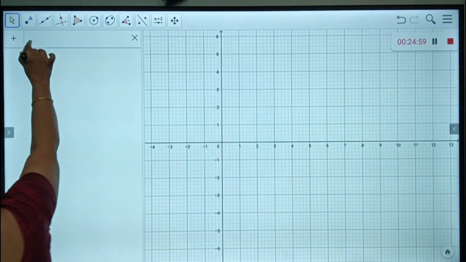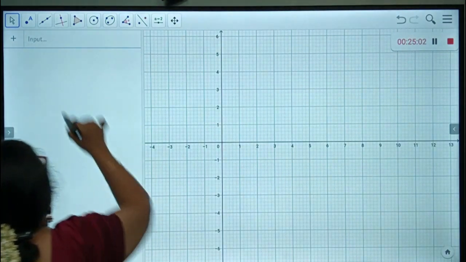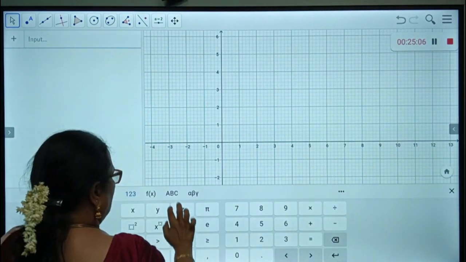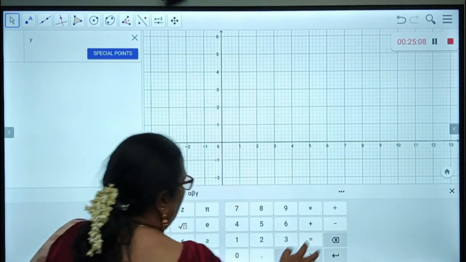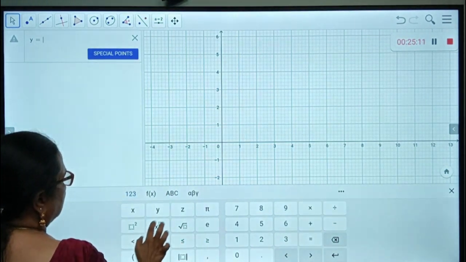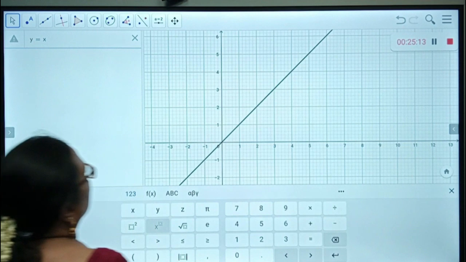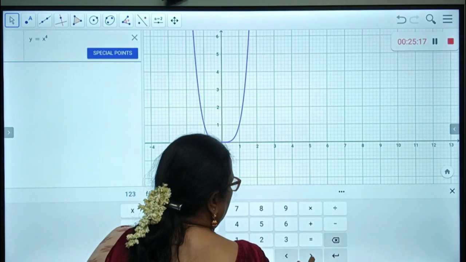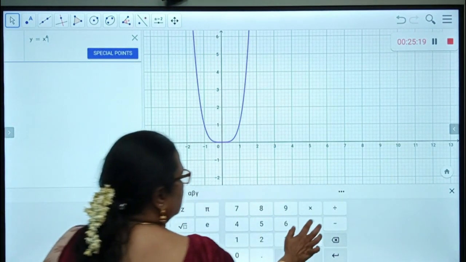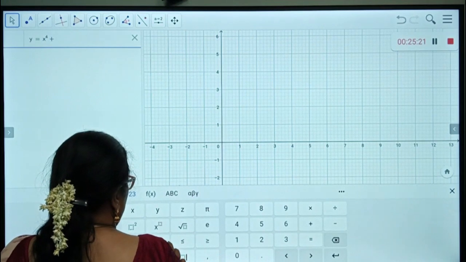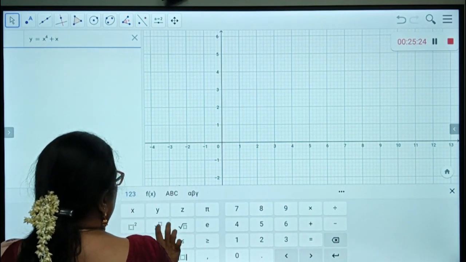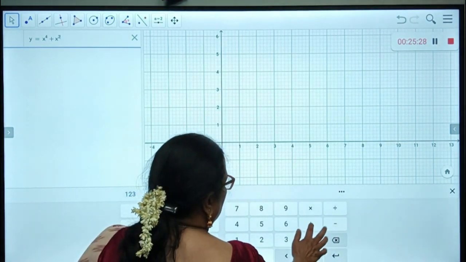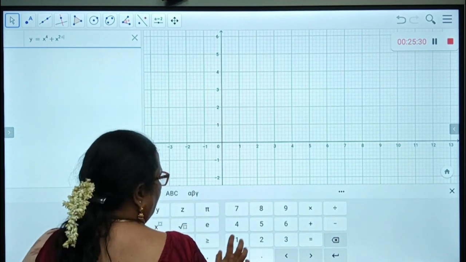So in the input box, I am going to type y equal to x power 4 plus x square plus 1.